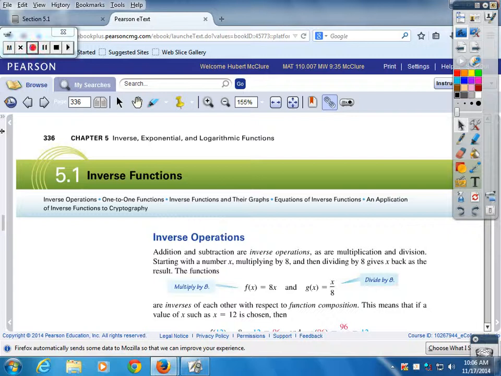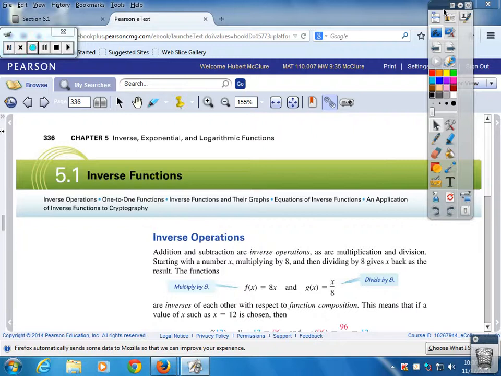Inverse operations, and I'll talk a little bit about inverse operations.